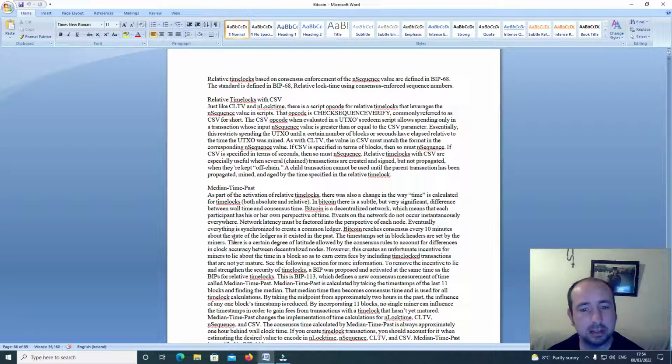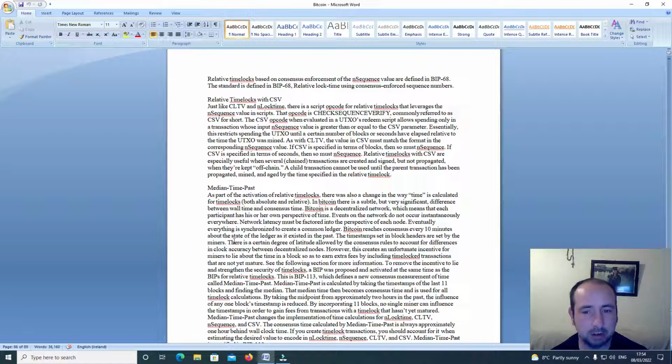As with CLTV, the value in CSV must match the format in the corresponding nSequence value. If CSV is specified in terms of blocks, then so must nSequence. If CSV is specified in terms of seconds, then so must nSequence.